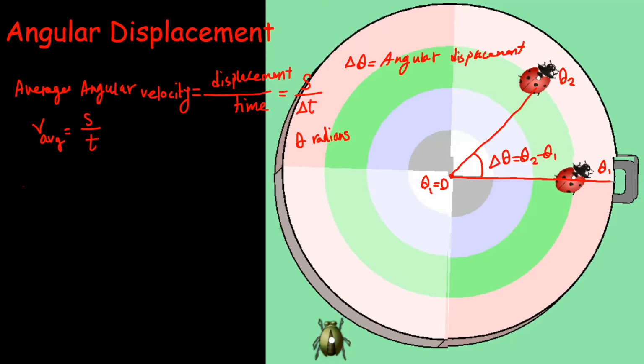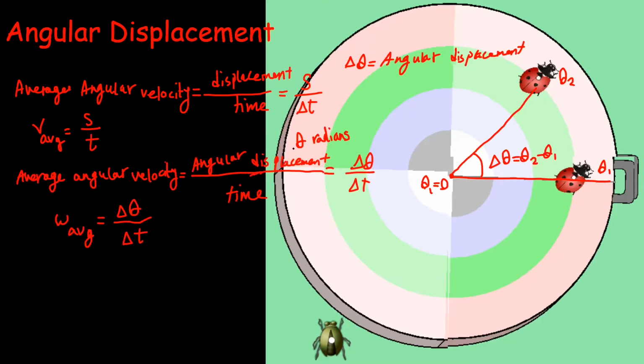So as a result, we can say average angular velocity is equal to angular displacement divided by time, or delta theta divided by delta t, that we show average angular velocity with omega. And remember, theta should be in radian.